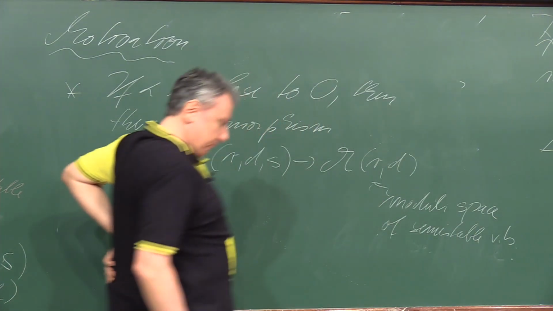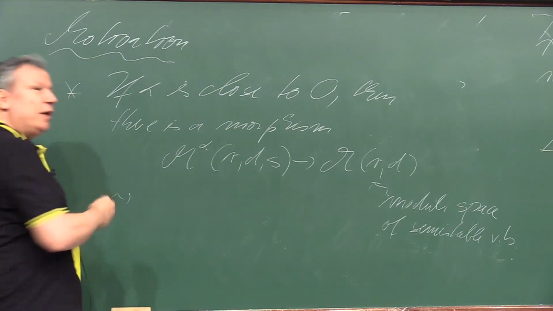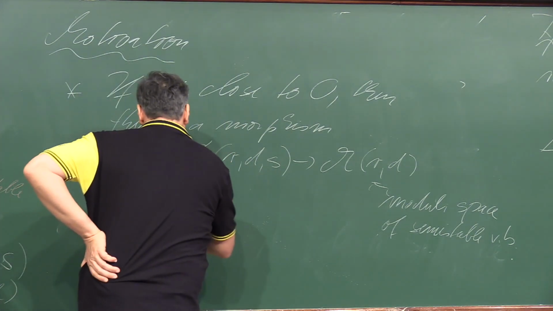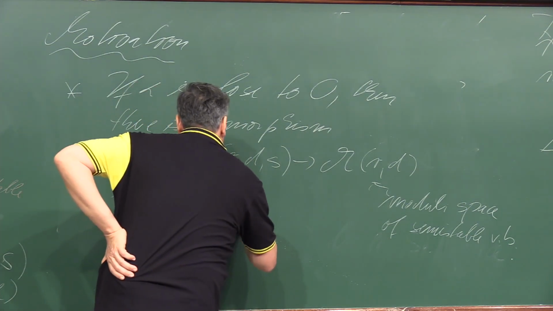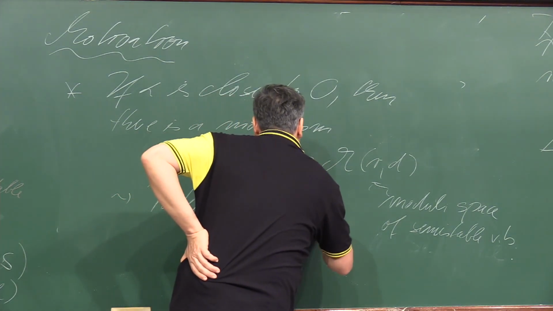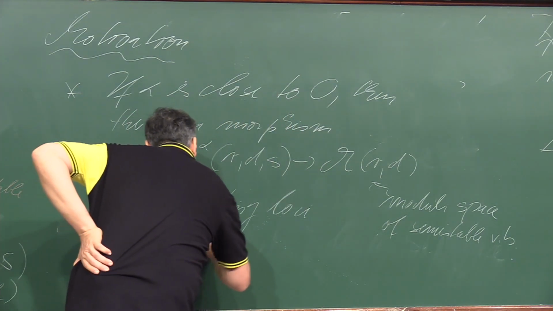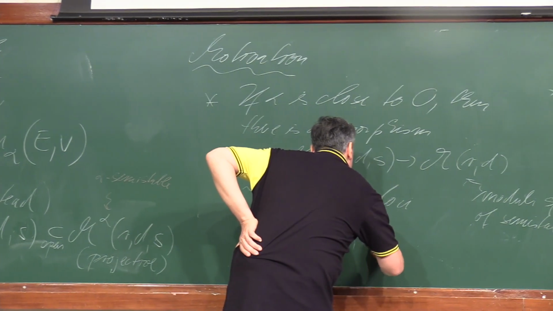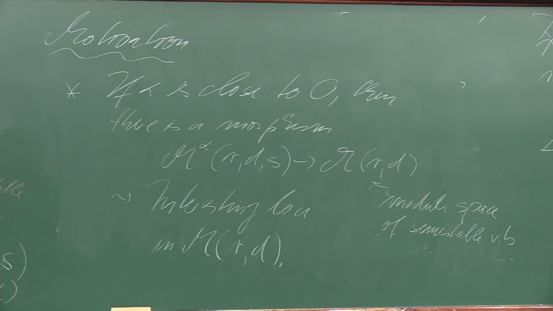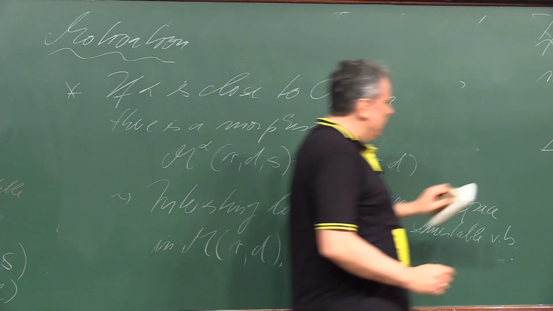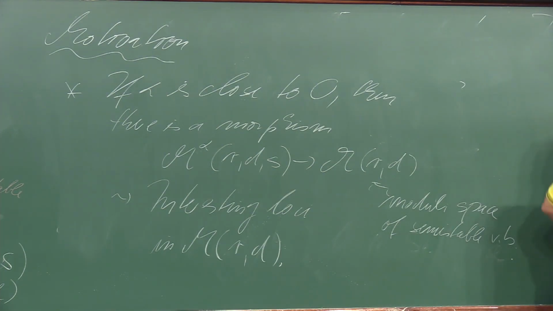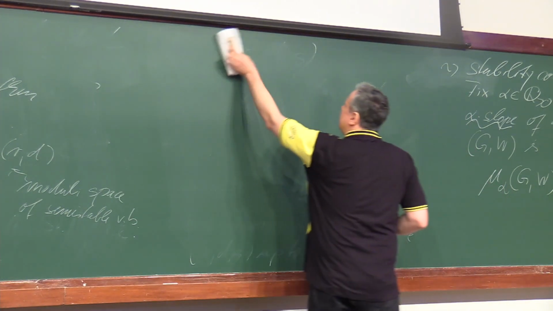Good, and in this way you get as image interesting loci in the moduli space of semi-stable vector bundles. For example, some kind of theta divisor. And another classical, but I think frequently used construction is the following.